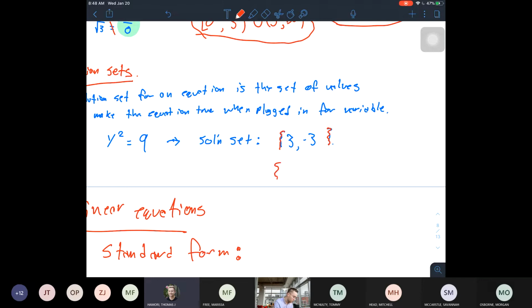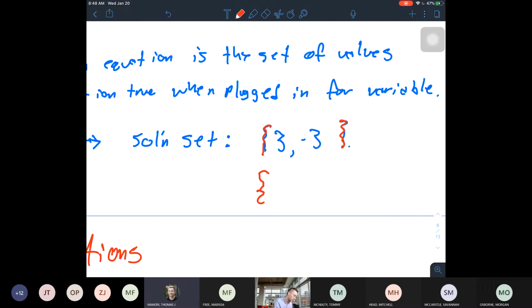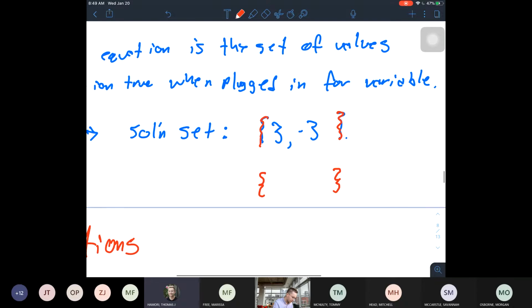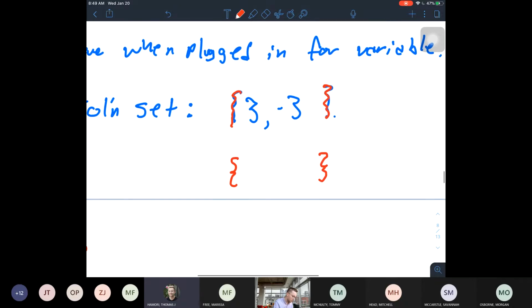We use these curly braces, which I'm terrible at drawing, but they're supposed to look something like this. Oh, I cannot do this on the iPad. There we go. They're supposed to look like that. These are typically what we write down when we're talking about a set, which is like an enumerated list.